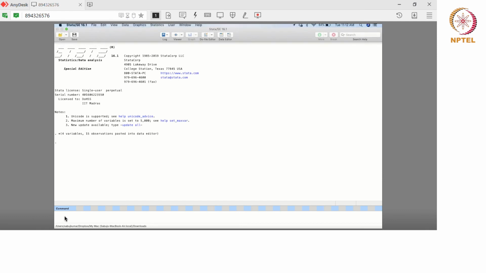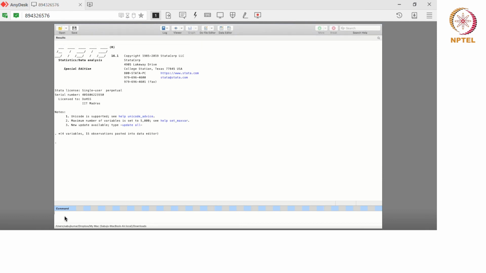So, please keep in mind, the command would be gen. I am giving a name for the variable that I am going to generate. Let us say gen L and then output. This is how I am defining the log variable in the model. Then you have to go back and see how you have defined the variable.